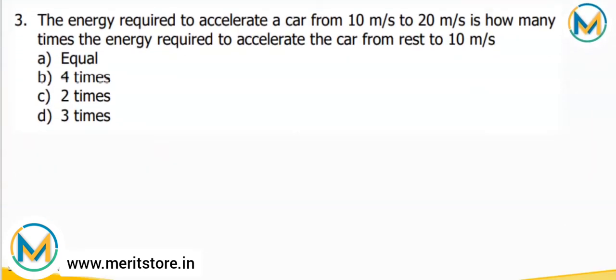Looking towards the next question: the energy required to accelerate a car from 10 meter per second to 20 meter per second is how many times the energy required to accelerate the car from rest to 10 meter per second. Here this is the first condition and this is the second condition. We'll find out the energy, that is nothing but the kinetic energy.